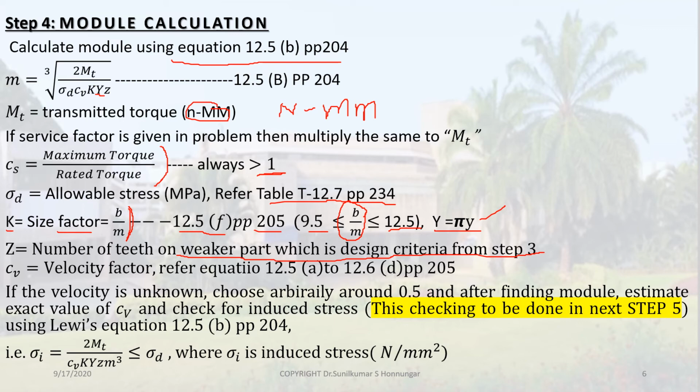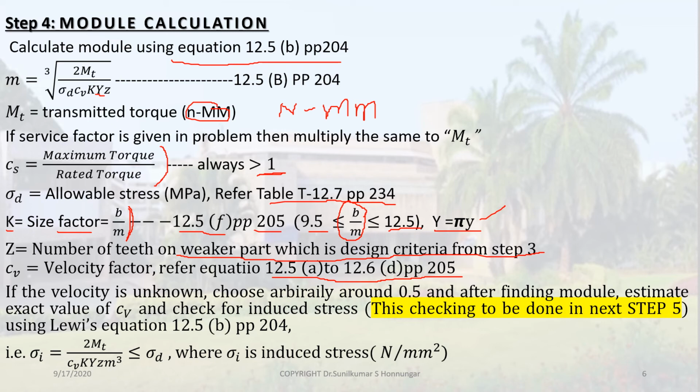And the next one is CV, the velocity factor. For that refer to equations 12.5a to 12.6d, page 205. There are multiple equations: up to 8 meters per second Barth's formula, then up to 13 meters per second, 20 meters per second, and more than 20 meters per second.